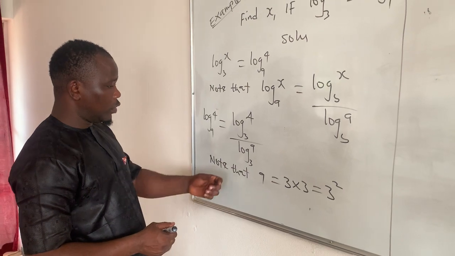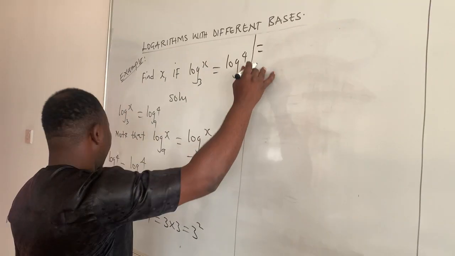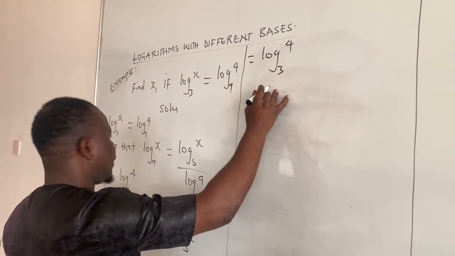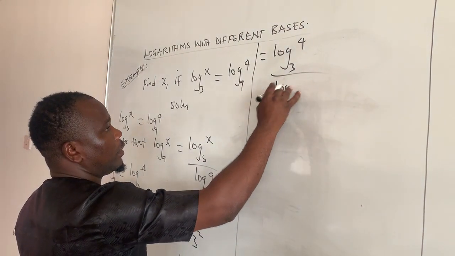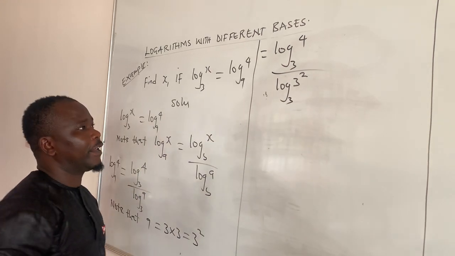So it implies that this is equal to log 4 base 3 all over log 3 raised to the power of 2 base 3. Amen?